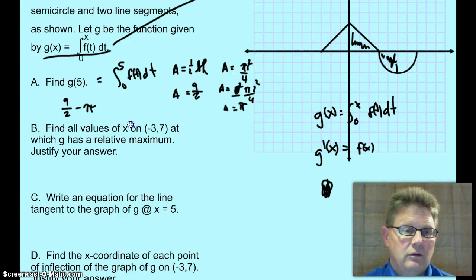So find all values of x on negative 3, 7 at which g has a relative maximum. Where does the derivative graph go from positive to negative?